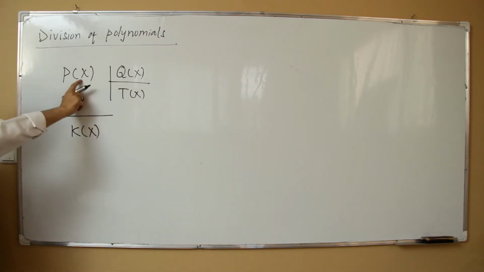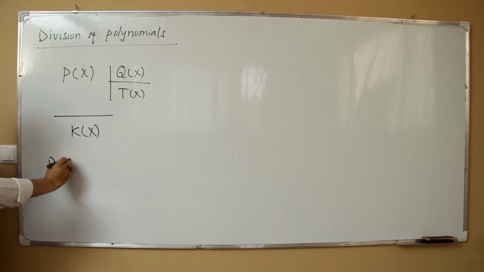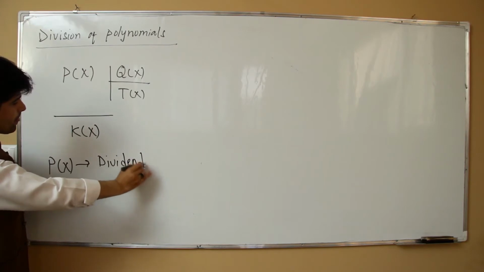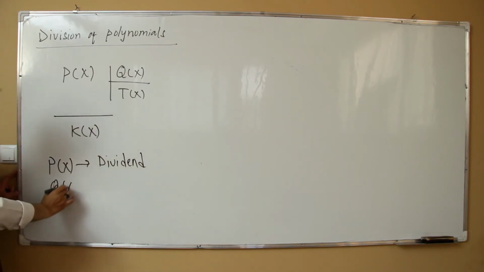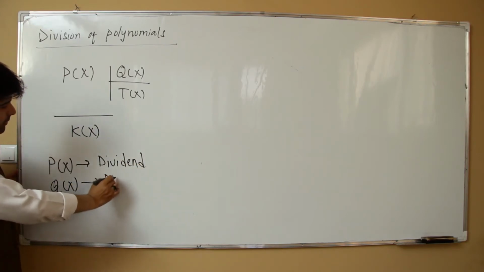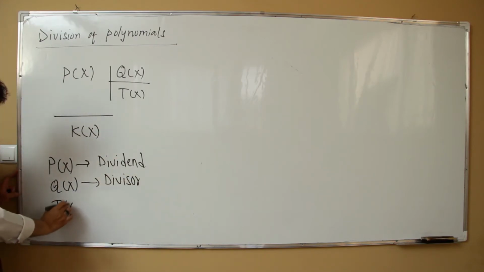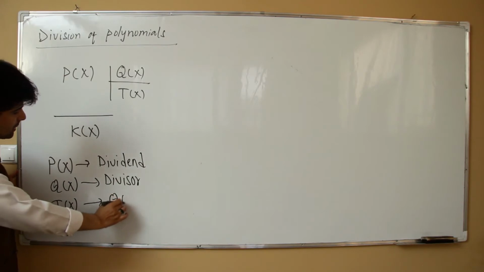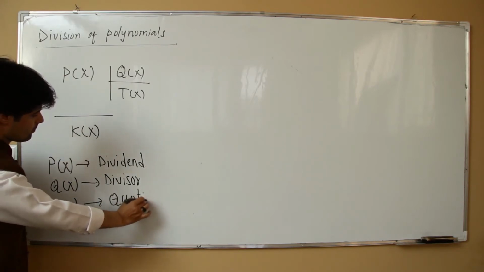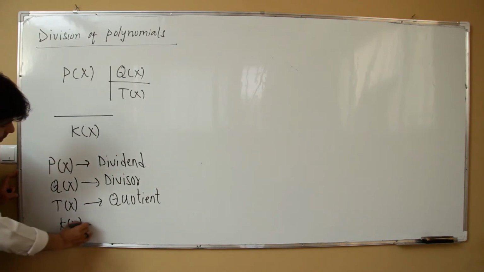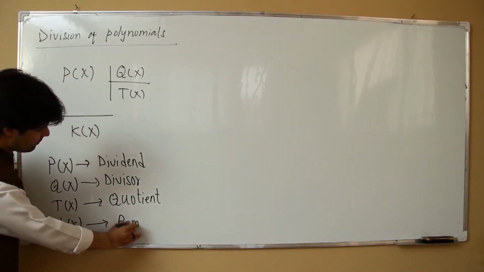First, what is p(x)? p(x) is called the dividend. Second, what is q(x)? q(x) is called the divisor. Third, what's t(x)? t(x) is called the quotient. And what is k(x)? k(x) is called the remainder.